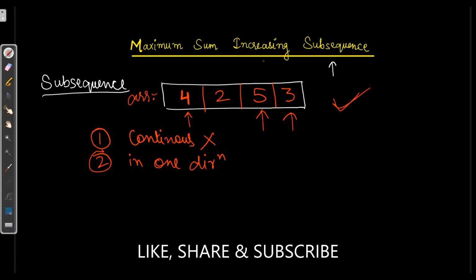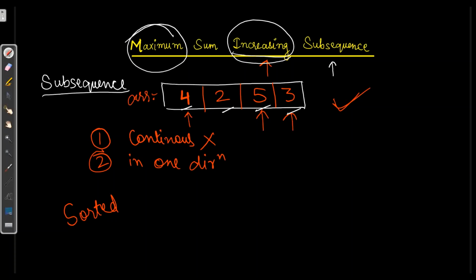Then comes increasing. Increasing means it should be sorted, in the sense it should be incrementing. Let's say we have the array 4, 2, 5, 3. Here I need to take the maximum value, but it should be incrementing.